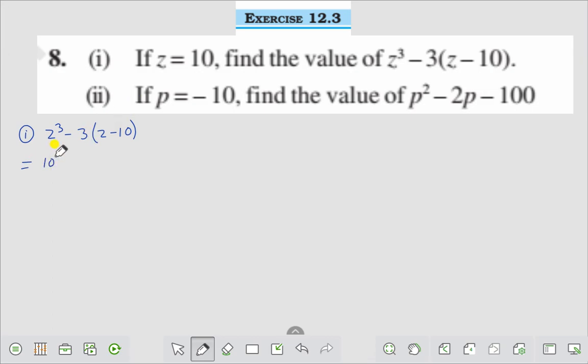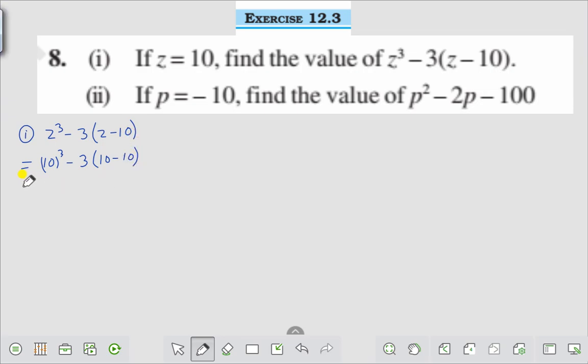That is 10 cube minus 3. The value of z is 10. That is 10 minus 10.